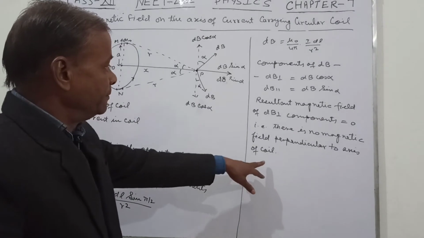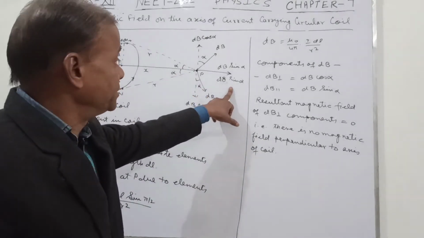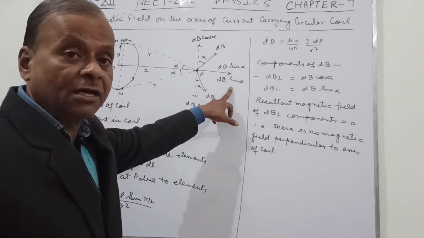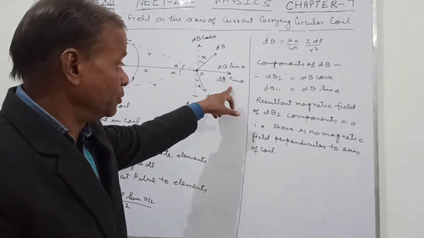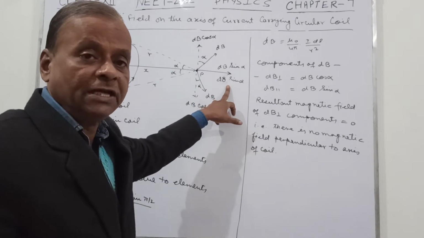So now the only components that are left are dB sin alpha, and you can see that there are a number of diametrically opposite elements. Because of them, the magnetic field will be only along the axis of coil.